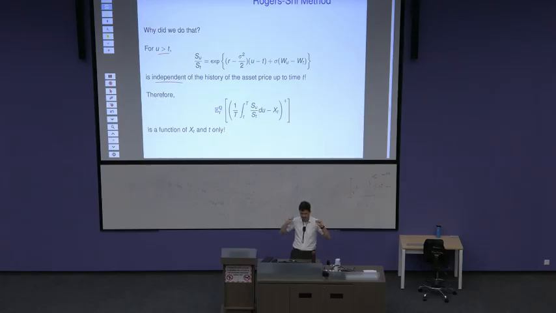We don't need any additional information. We can treat this as some purely random thing, which only depends on X_t and, of course, the time t, because the time t defines the length of this integration. So it seems to be some kind of dimension reduction.